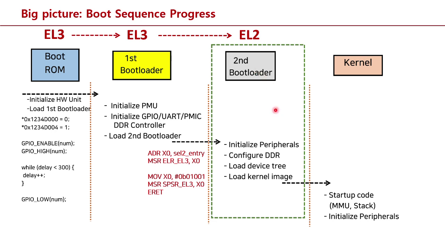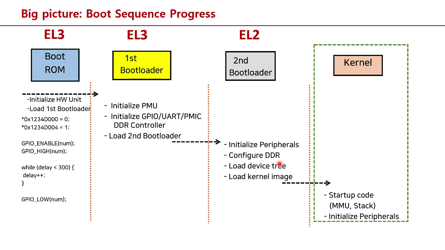But at this point, the bootloader will perform another initialization work to set up the fundamental system registers that are suffixed with EL2, and then it will read the device tree from the storage device to make the Linux kernel executable. But at this point, important tasks should be performed in exception level 2.